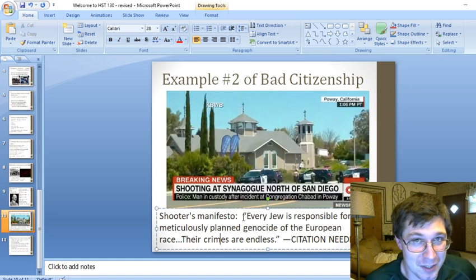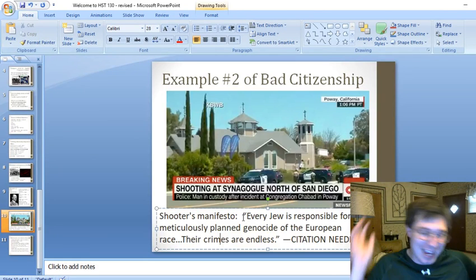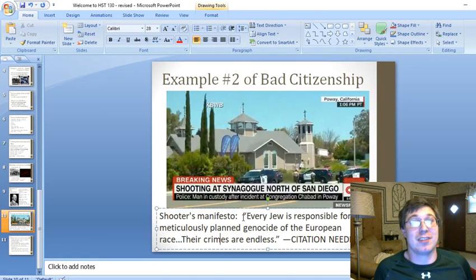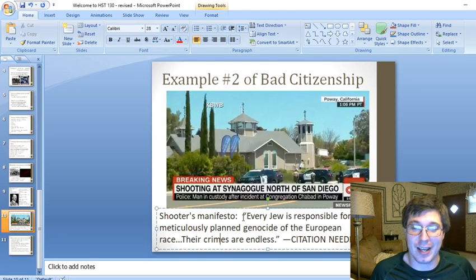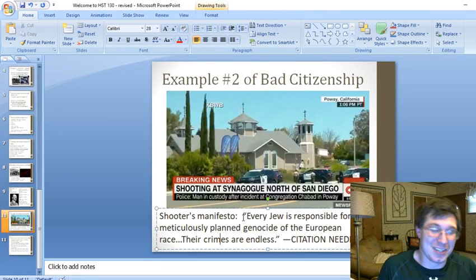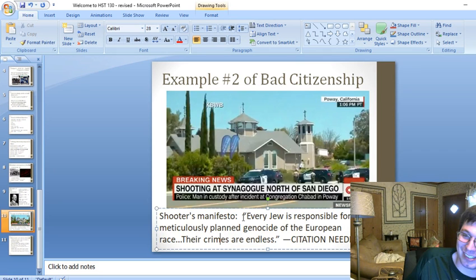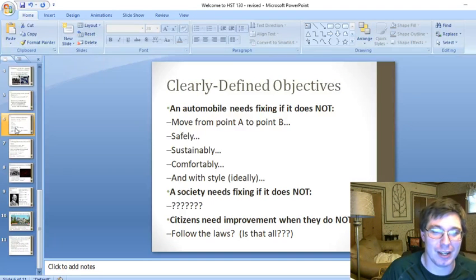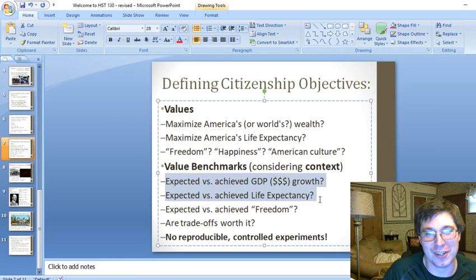And if we want to respond intelligently and not lose our heads and run around like chickens with their heads cut off and panic, then we should probably study how America and other countries have responded to these sorts of crises in the past, and whether those responses were beneficial or not. And once again, there's not going to be easy definitive answers of was this a good response or a bad response historically, because once again we go back to the benchmarks. What was the alternative scenario? It's tricky to figure out, but in some cases we can get a rough idea.